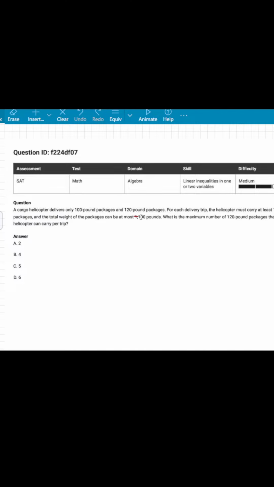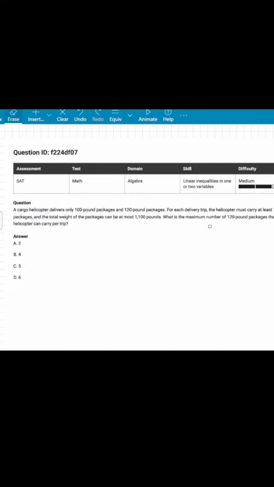So this is the allowable weight on the helicopter, and we have to find what is the maximum number of 120-pound packages that the helicopter can carry per trip. So in one trip, it must carry at least 10 packages, and the total weight should be at most 1100, and we should find what is the maximum number of 120-pound packages that it can carry.